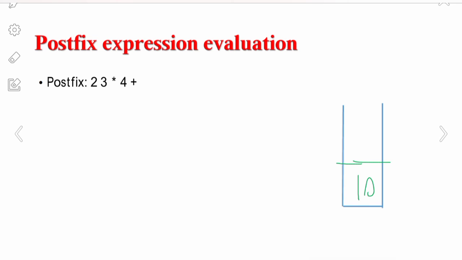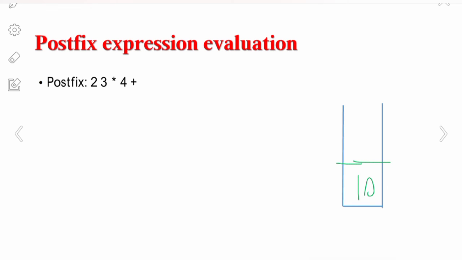So why are we going with the postfix and prefix expressions instead of using infix? If you are using the infix expression, it will take a lot of time, because in infix expression evaluation we have to follow the operator precedence and associativity rules.